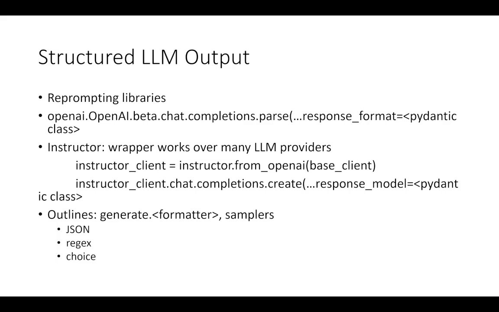The native OpenAI as well as Instructor are kind of limited to JSON, but Outlines goes beyond JSON, right? It typically uses regex, regular expressions, for this powerful construct, and it has some constructs based on this regex, like choice and so on. Okay.